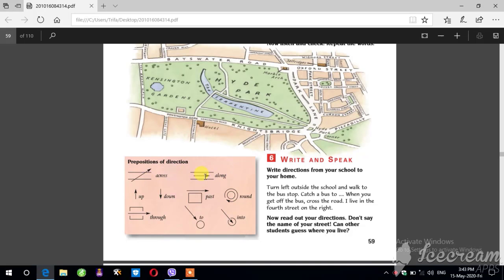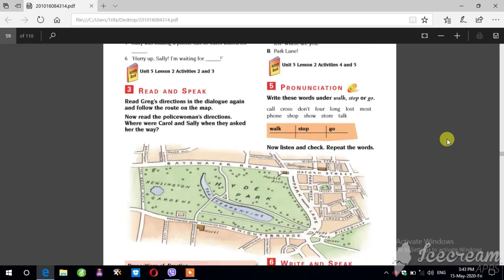And here, along. Look at the picture. Up, down, past, round, through, to, into. By these pictures, you can know what is the meaning of these prepositions of directions.